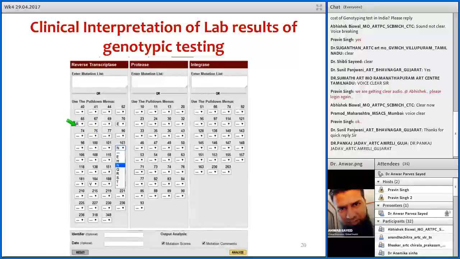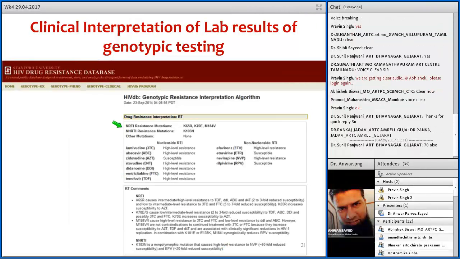At the 65th position, K has been replaced by R. So we have entered three mutations in this list: one at the 65th position, the 103rd position, and also the 184th position, right? Then you have clicked the analyze button here, and it has given you interpretation.